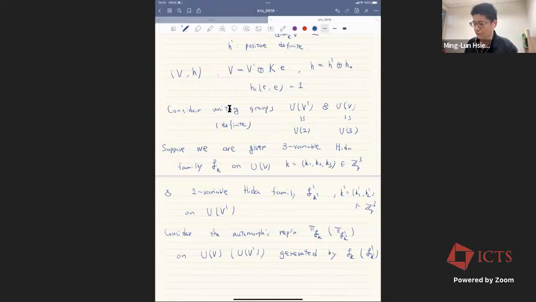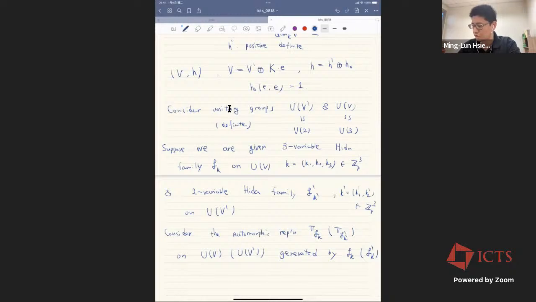I haven't really introduced the notion of Hida families on definite unitary groups, which I will recall later. But here I just give you a flavor about these three-variable or two-variable Hida families on unitary groups.